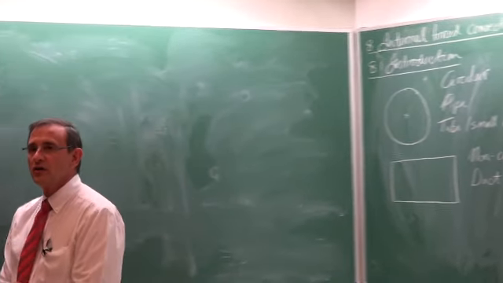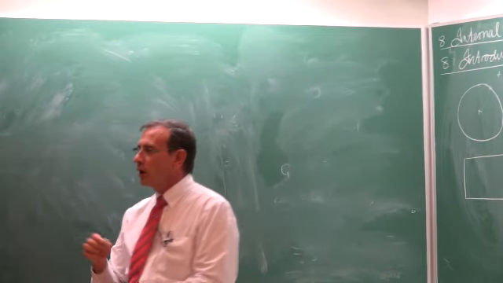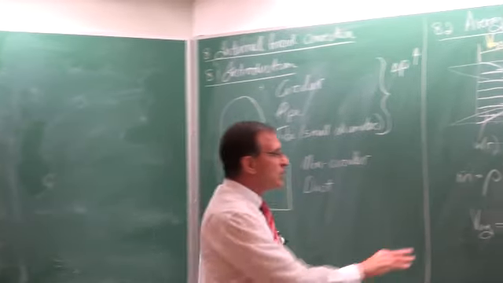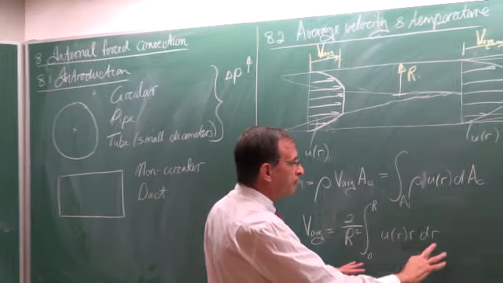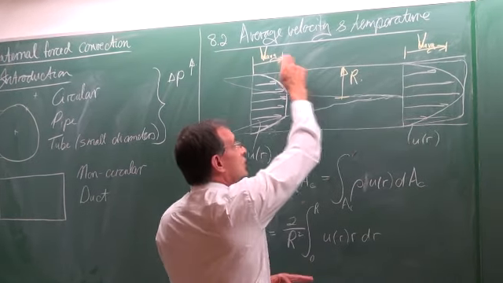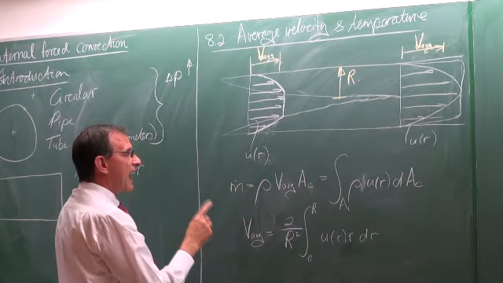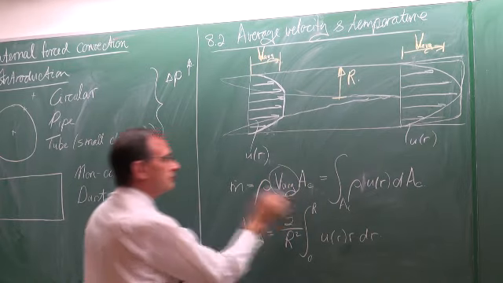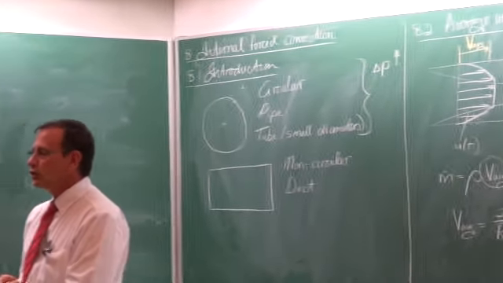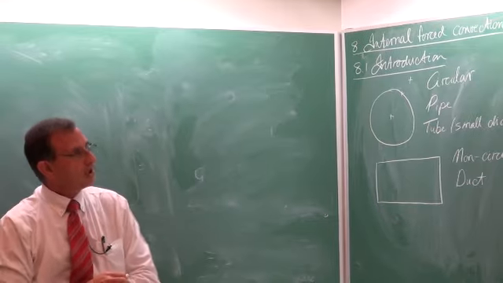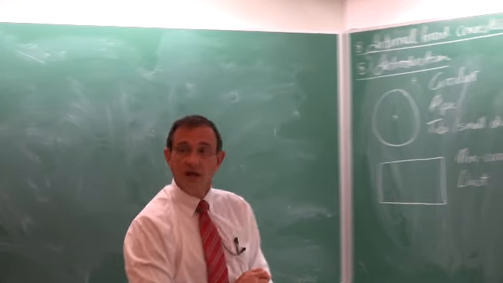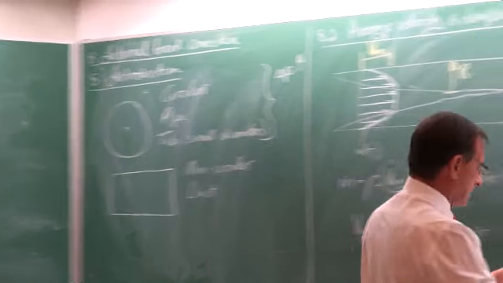Okay, now in heat transfer, in 99.99% of the cases, we are not going to get involved in this integration. We are just going to use the average velocity. That is what we're going to use for the calculation of our problems. Now the same with the temperature.